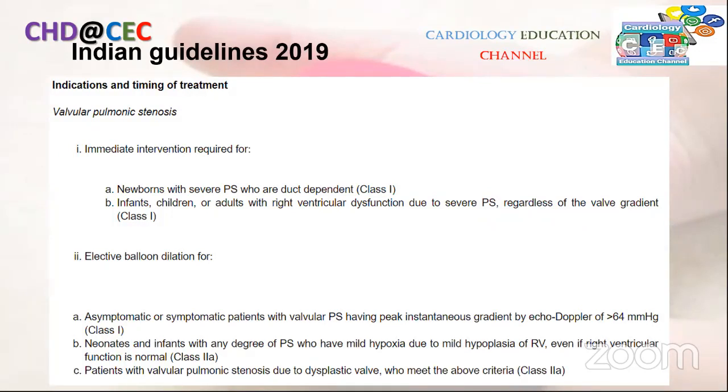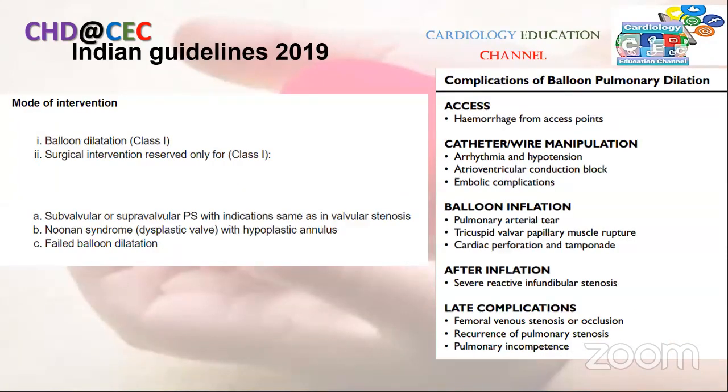Those are the indications for surgical intervention. We don't say that surgical intervention has no role. It still has a role, although it is limited, but surgeons are always there, and they are our backbone.